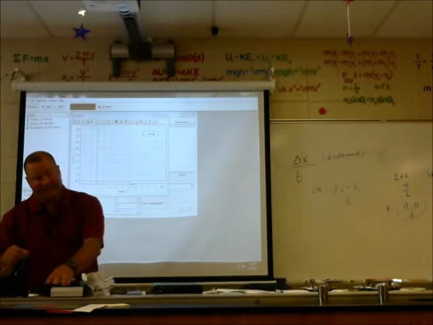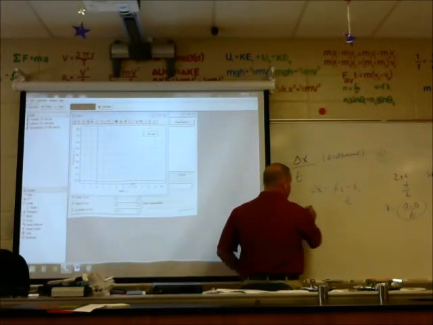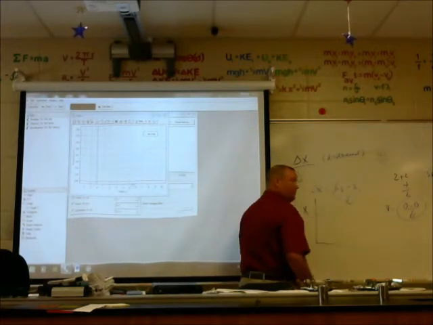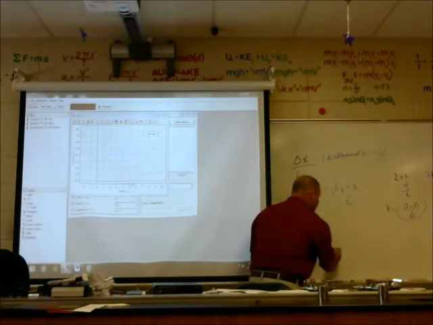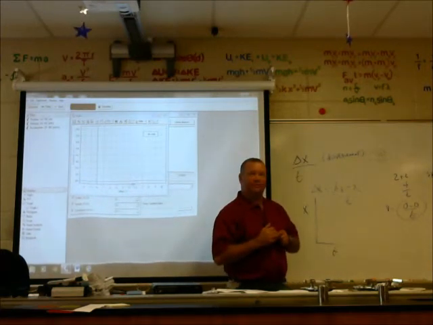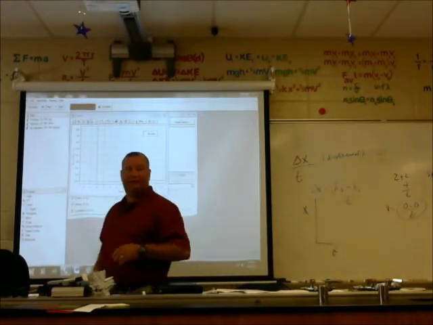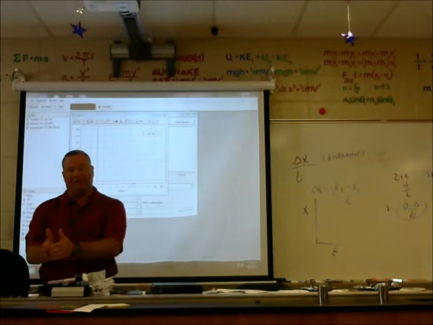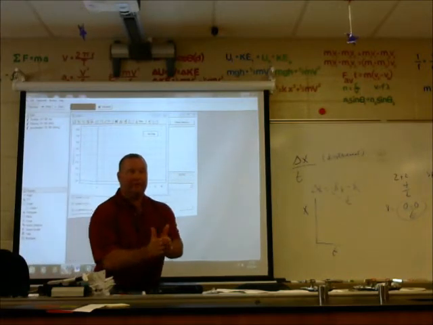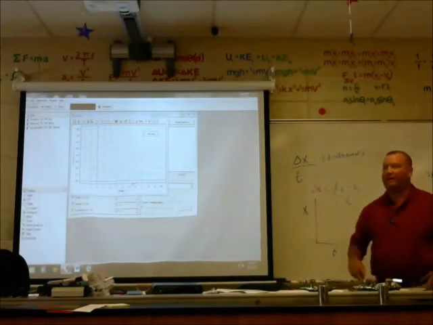So if that's the case, if I wanted to make a graph of the position versus time. Position versus time? Yes. What would that graph look like, do you think? It's going the same amount of distance every 1/10 of a second. What do you think that graph would look like?